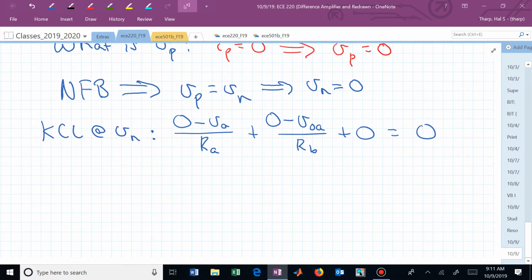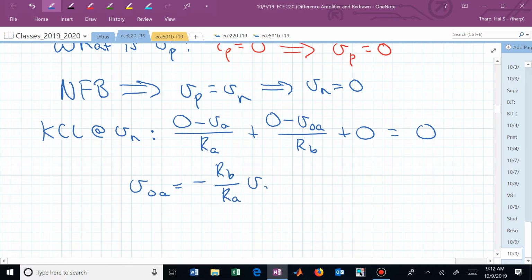And we can now solve that for the output voltage with one source active, and this source that's active is the A source, V sub A. We can now multiply through by R sub B, put V sub OA on the other side, and we end up with V sub O sub A is now minus R sub B over R sub A, V sub A, and that really shouldn't surprise you.